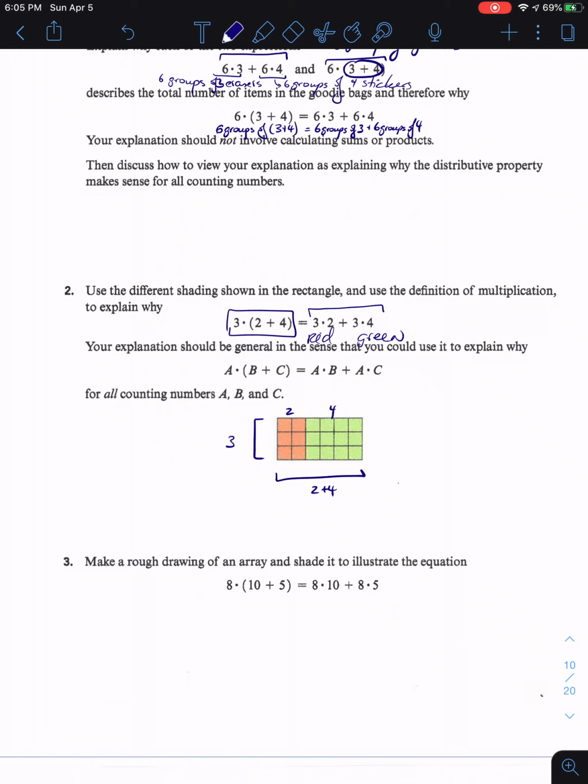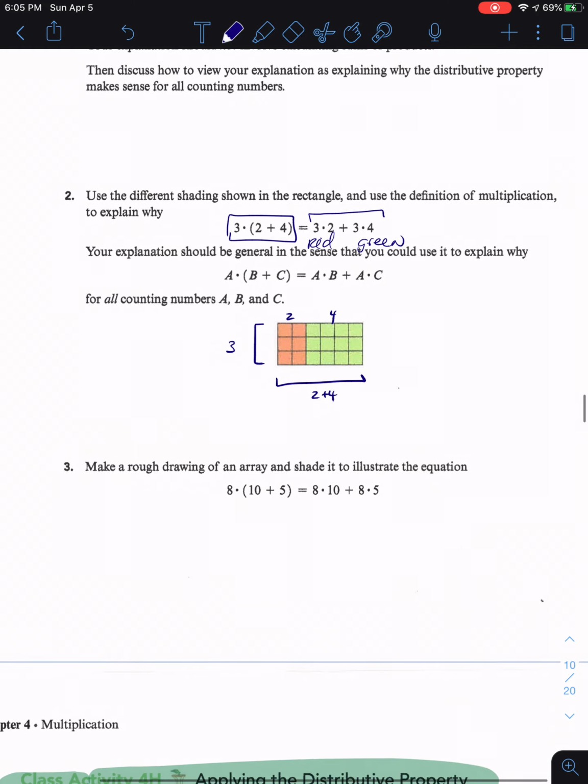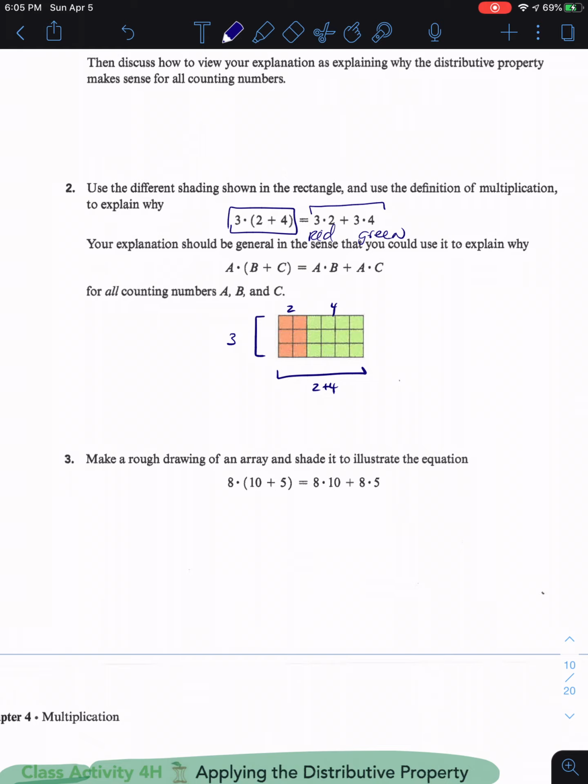So if we were asked to do the same kind of calculation with 8 times 10 plus 5, we'd be looking at 8 rows and let's say it's going to be 10 and 5 columns, right?